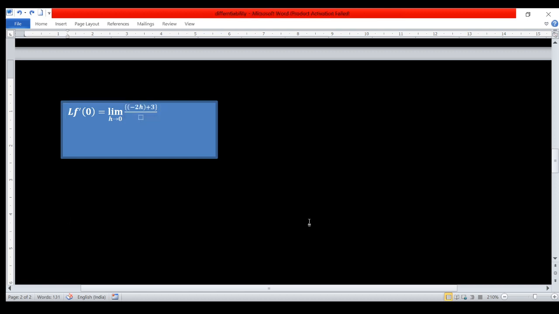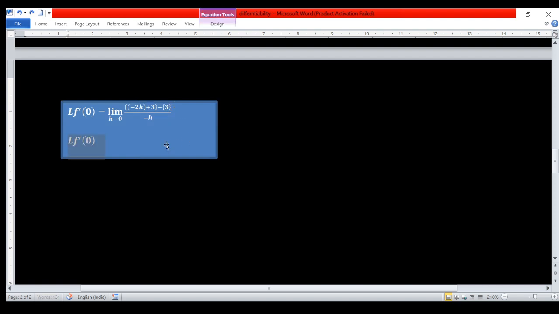Limit h tends to 0. So minus 2x plus 3, correct? Minus 2x becomes minus 2h, because the x value is minus h. So minus 2h plus 3 is f(minus h), the denominator is minus h, minus f(0), and f(0) is 3.